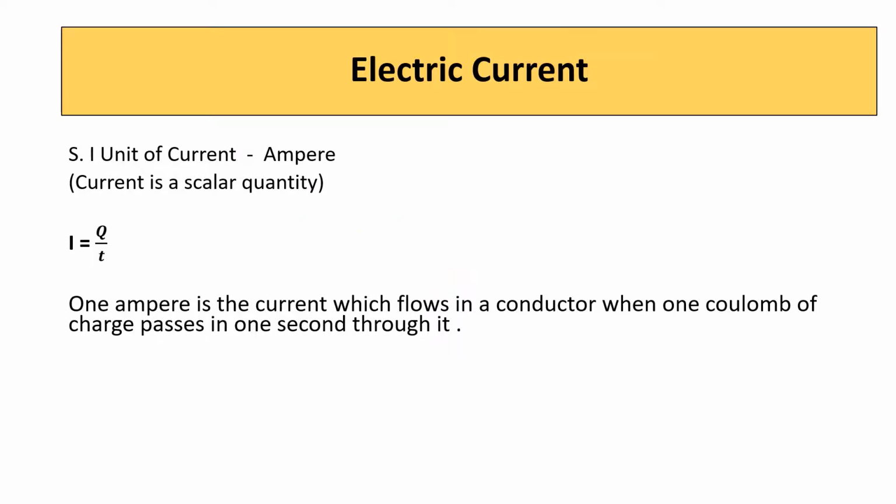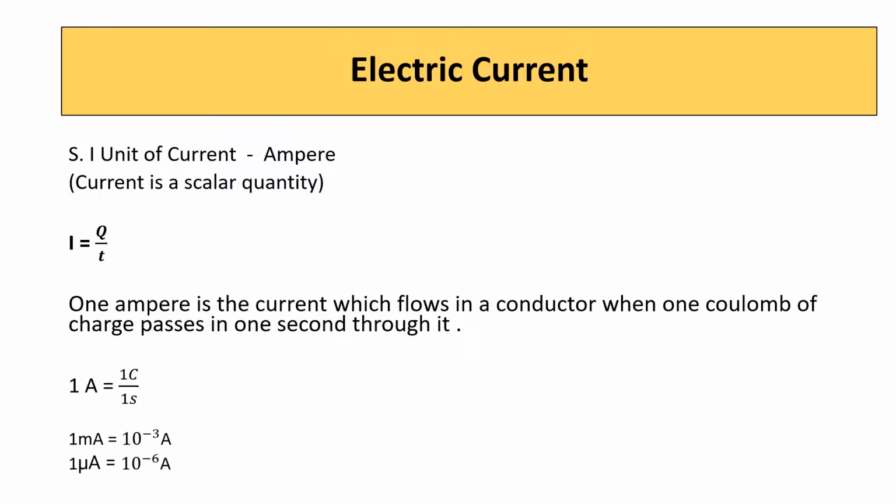How can you define 1 ampere? 1 ampere is the current which flows in a conductor when 1 coulomb of charge passes in 1 second. 1 ampere is equal to 1 coulomb per 1 second.